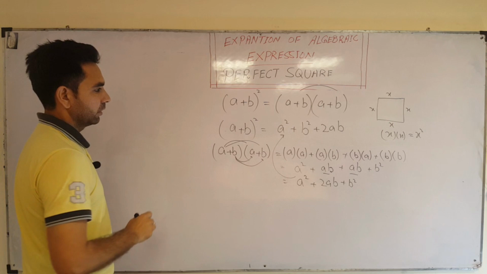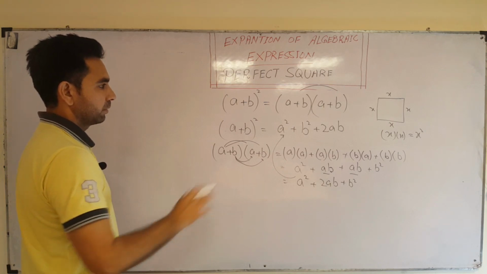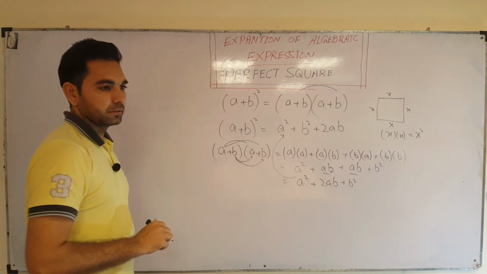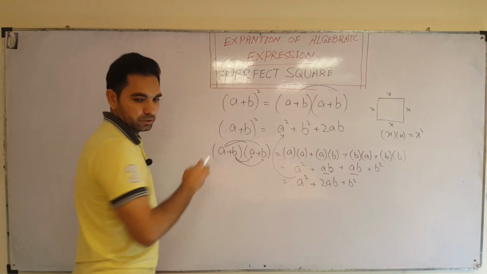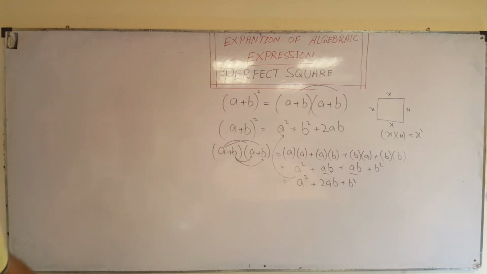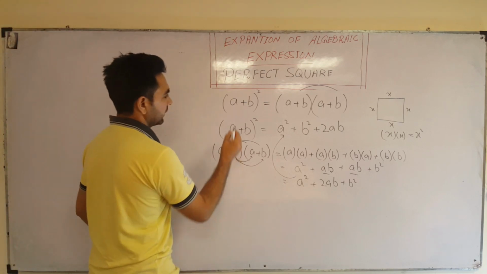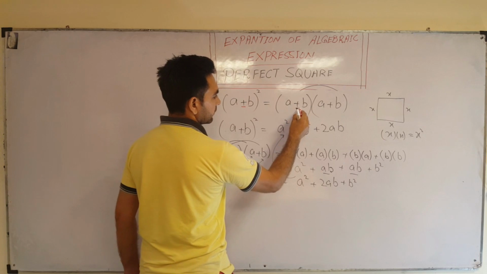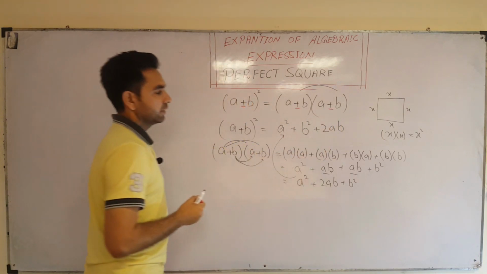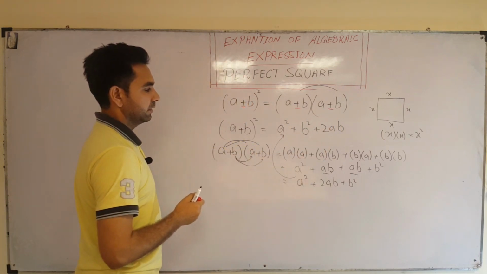So let's solve one problem with this one. But before we go there, just if you change the sign. For instance, if instead of plus there is a negative, then all the signs change, right?